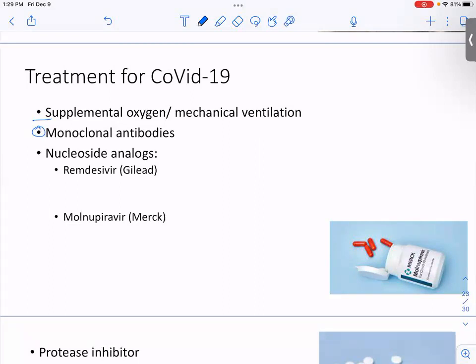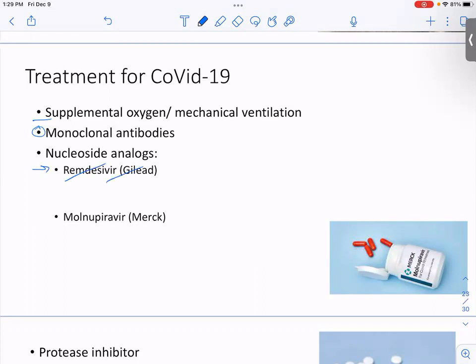There have been a few drugs, one in particular that shows a lot of promise. There are a couple of nucleoside analogs, and nucleoside analogs have the potential to be good for lots of different viral infections, to be more broad spectrum. The earlier one that they came out with, remdesivir, they're not really using very much anymore.